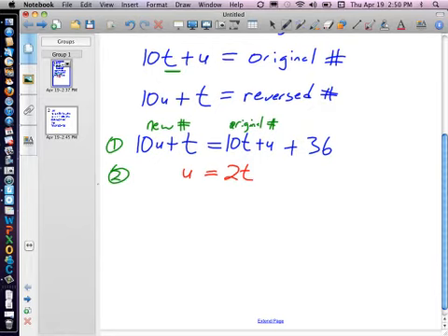Graphing usually is not going to be the right technique to go with, mainly because you can get a fractional answer and then you wouldn't know where it's at. Substitution looks really nice here because we're already solved for u.